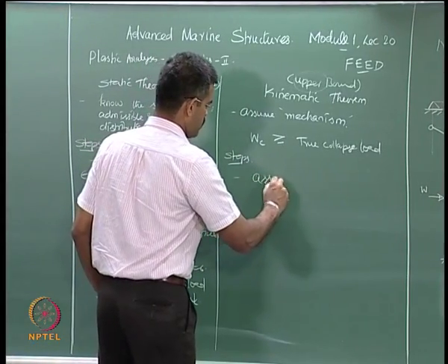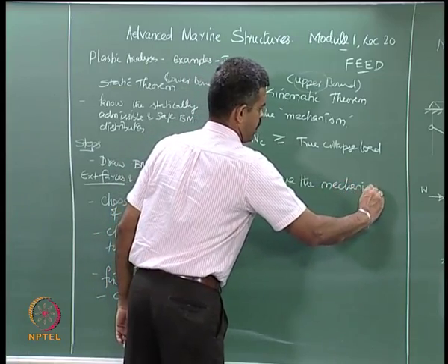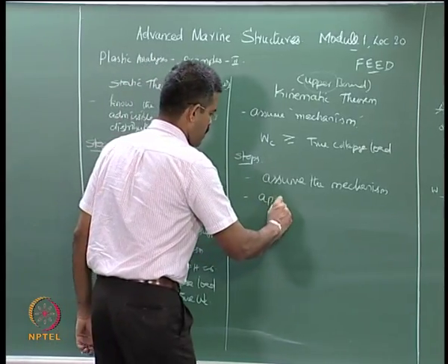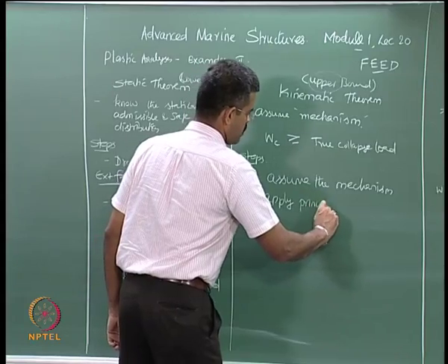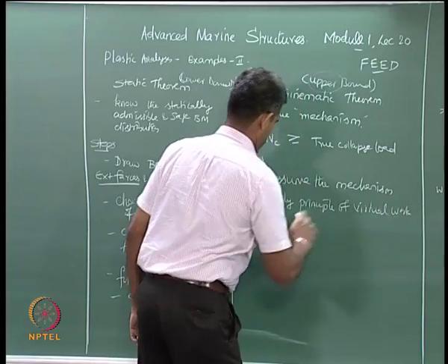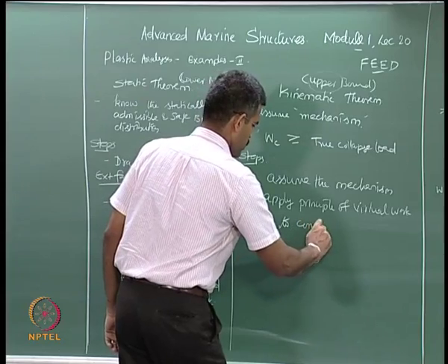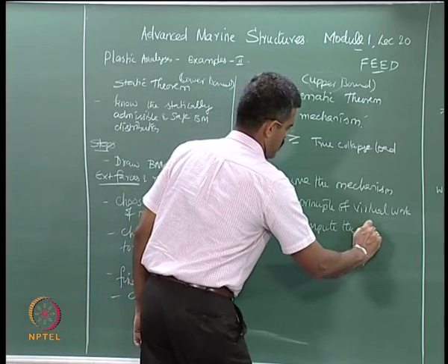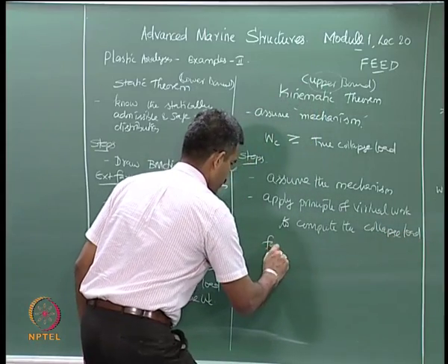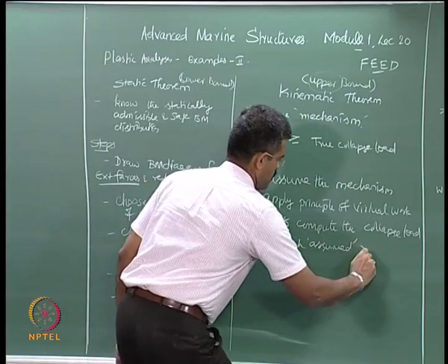Let us say in this case how do we do it? For a given system, assume a mechanism. And for an assumed mechanism, apply the principle of virtual work to compute the collapse loads for each assumed mechanism.